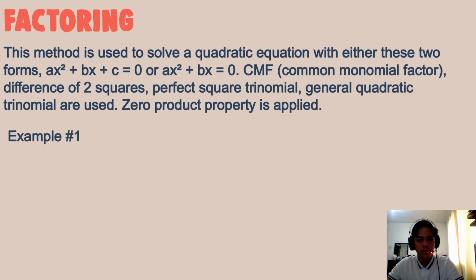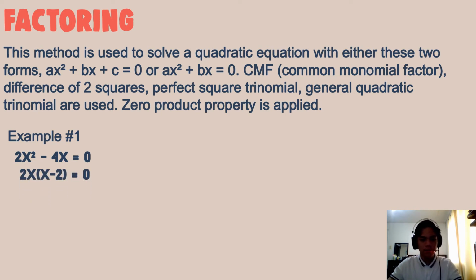Factoring is used when either of these two forms is present: ax squared plus bx plus c, and ax squared plus bx. For example, in example number 1, 2x squared minus 4x is equal to 0. Now, you can't find x just by transposing. You need to find their GCF. You need to factor them. What's their GCF? It's 2x.